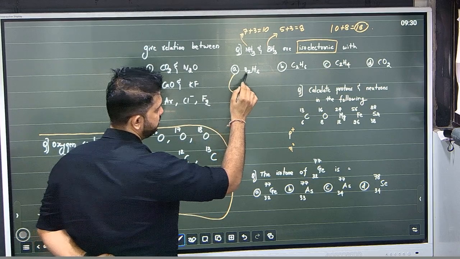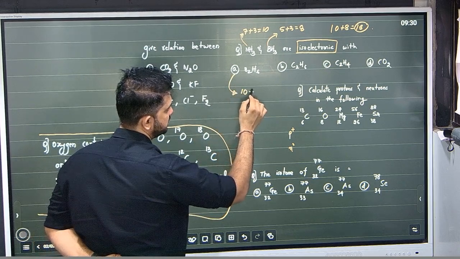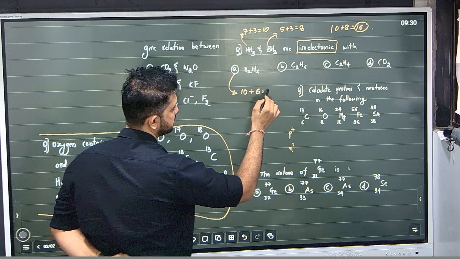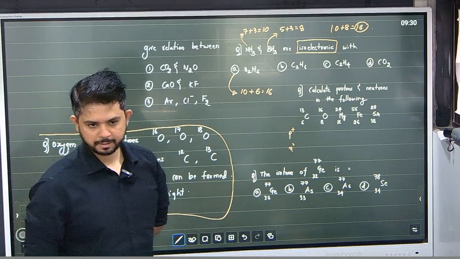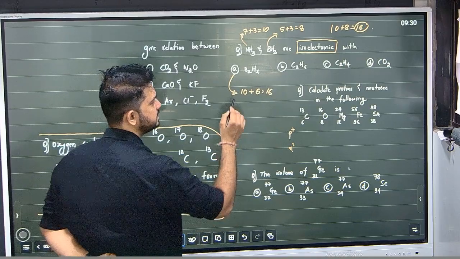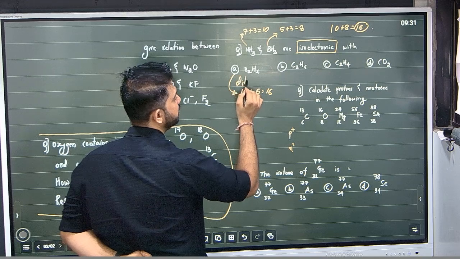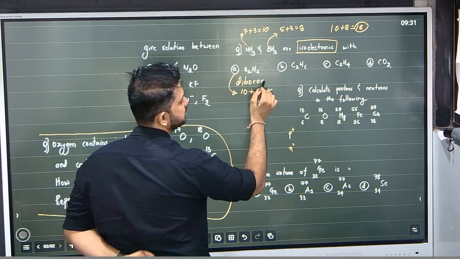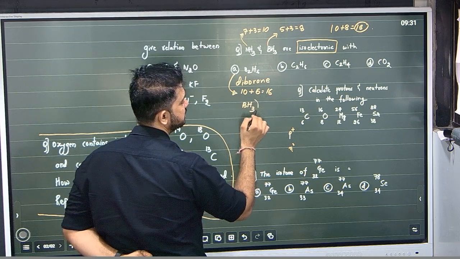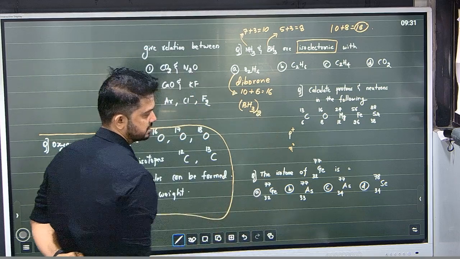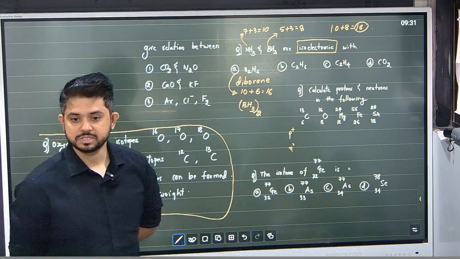Boron is 5, 5 plus 2, 10, and 6 hydrogens. So how much is that in total, people? 16. B2H6 is called diborane. You can look at B2H6 like BH3 twice.